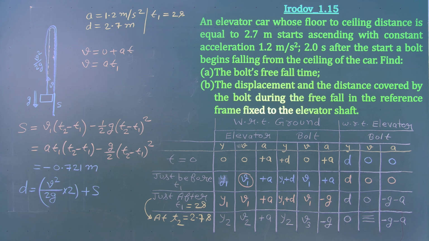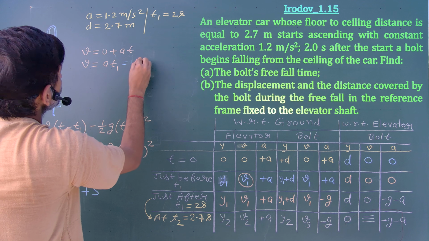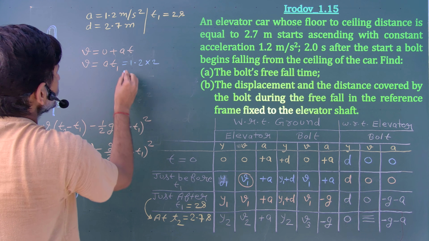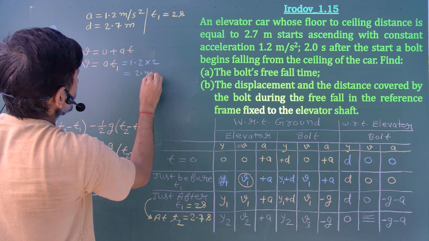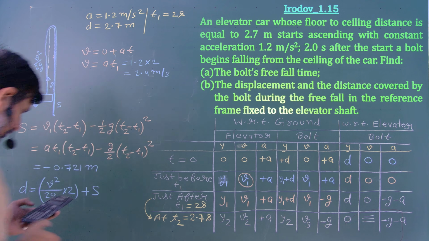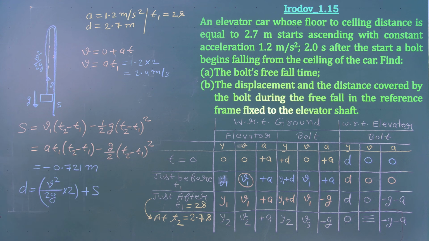So what is the value of this distance? What is the value of v? A is 1.2 into time 2, so 2.4 meter per second. So 2.4 square divided by 9.8, plus 0.721.